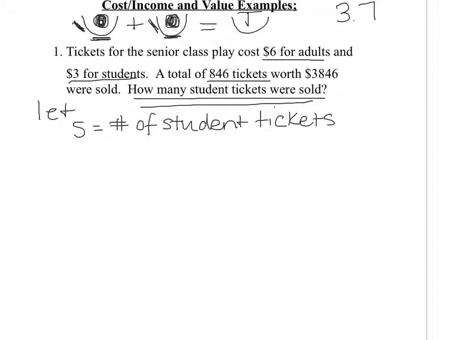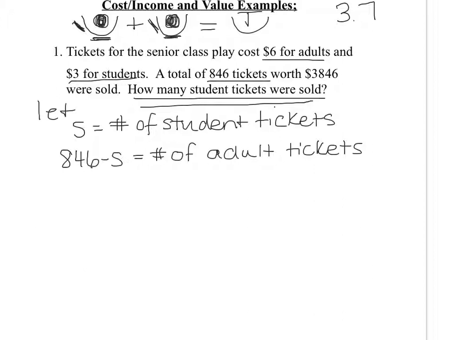And then because there's a total of 846, then 846 minus S would be equal to the number of adult tickets sold. Okay. Now we know it's a total equation, and we know that our total is equal to 3,846. All right. Now let's think about this a little bit, because that's the bottom part of our bucket, right?